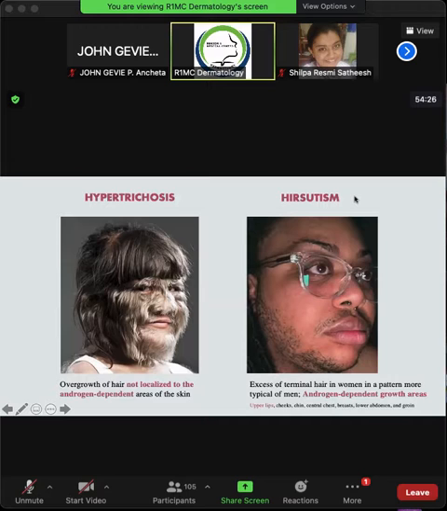So when we see a patient with hirsutism, usually advise them on their tops, especially your people's wear tops.